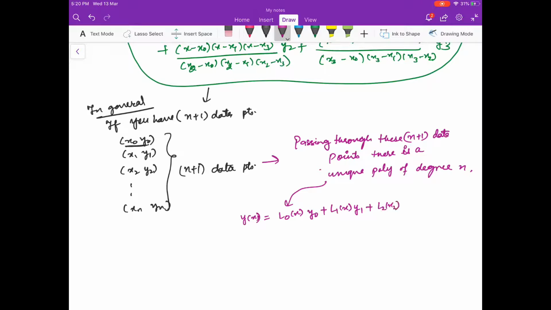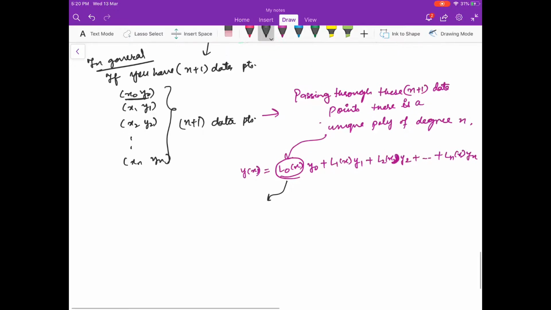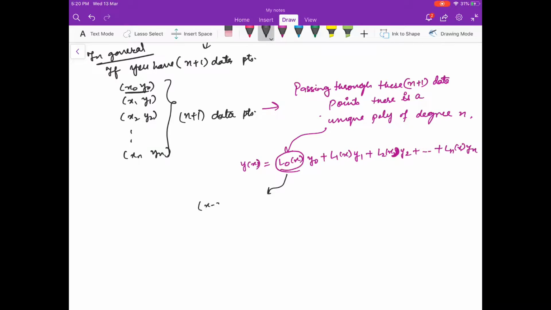plus L2 of x times y2 and so on, Ln of x times yn, where in L0 we don't use x0 in the numerator, so you have x minus x1, x minus x2, up to x minus xn, upon, in the denominator, you replace x with x0.